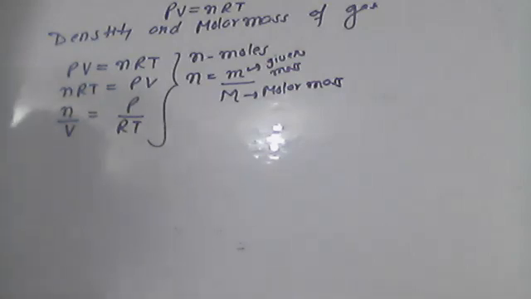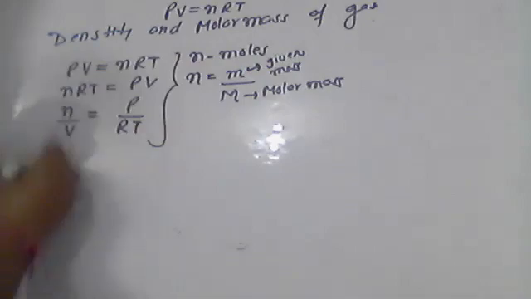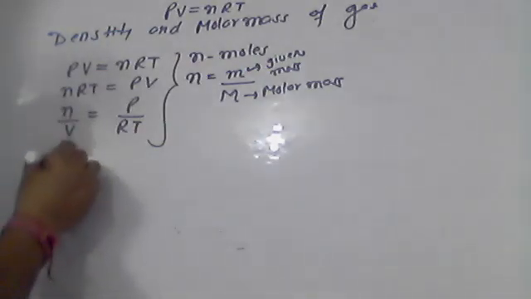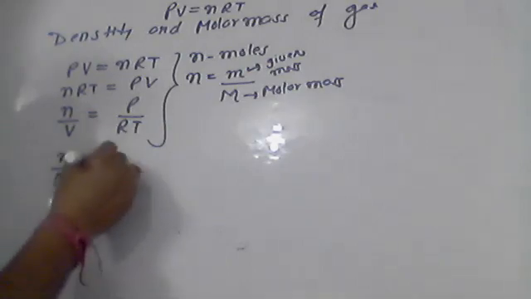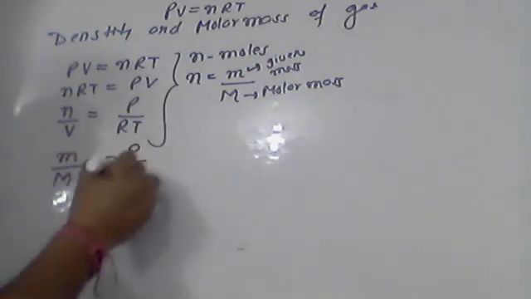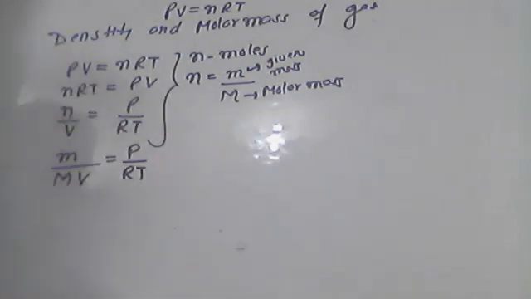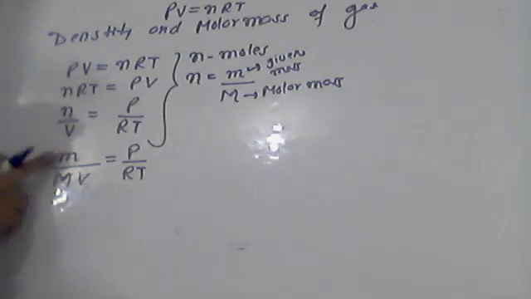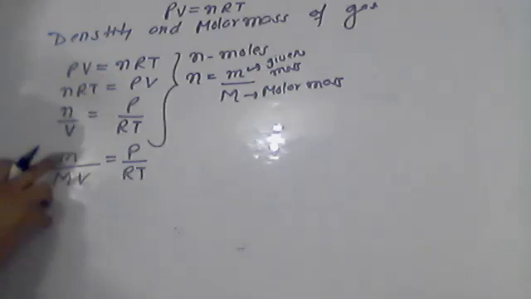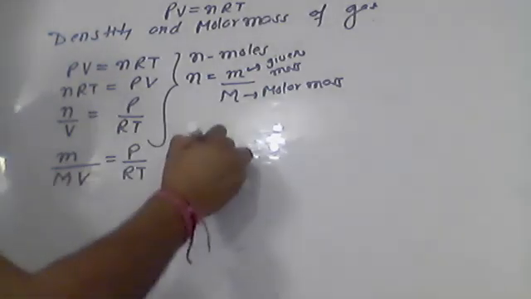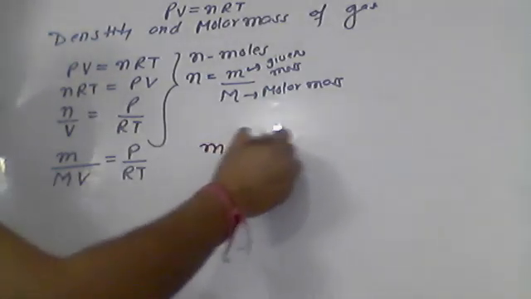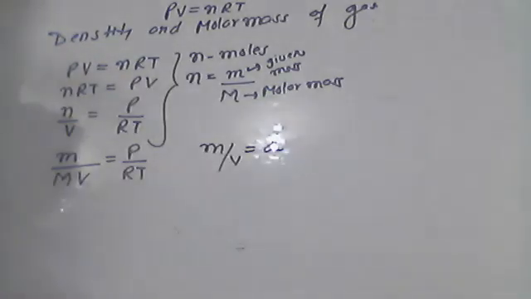So what I'm going to do now: n/V, where n is given mass over molar mass. So I'm going to replace n by m/M, so m/(MV) = P/RT. Here small m is the given mass, M is the molar mass, V is the volume. m/V, mass per unit volume, will be d, that is density.